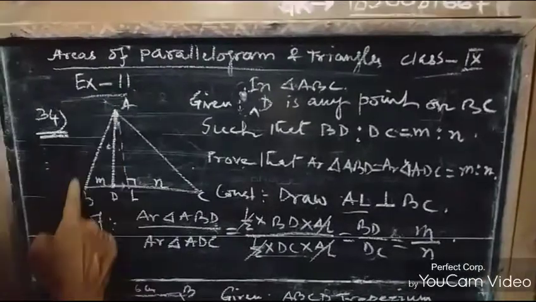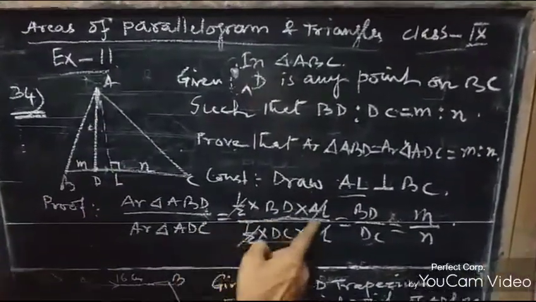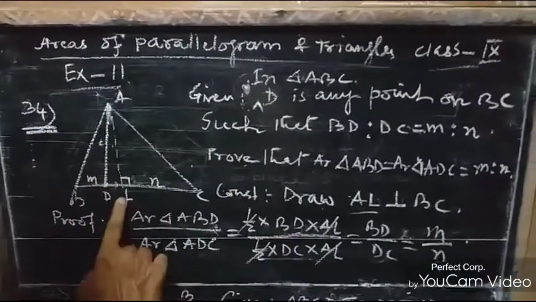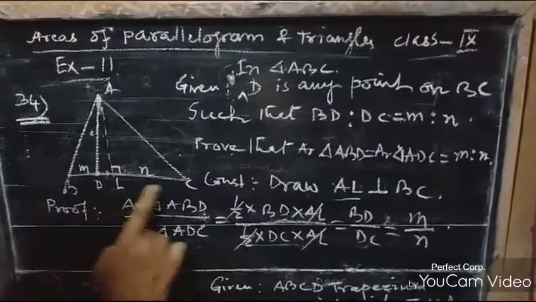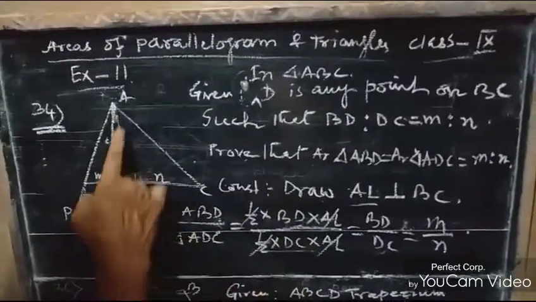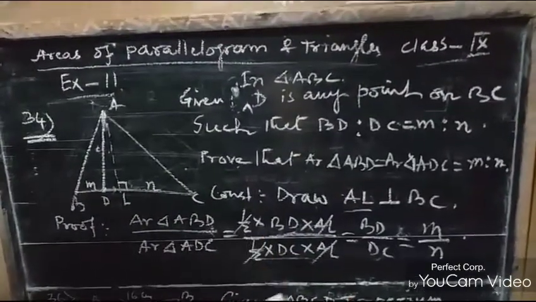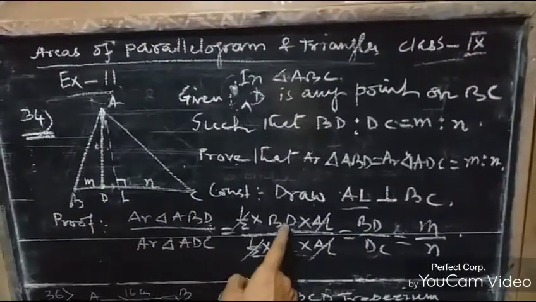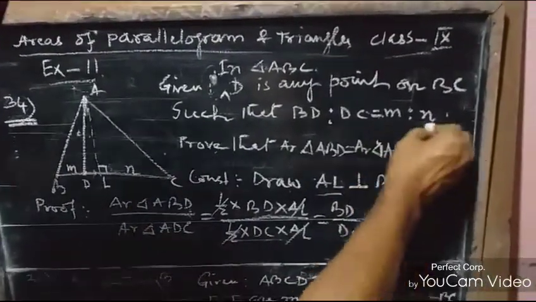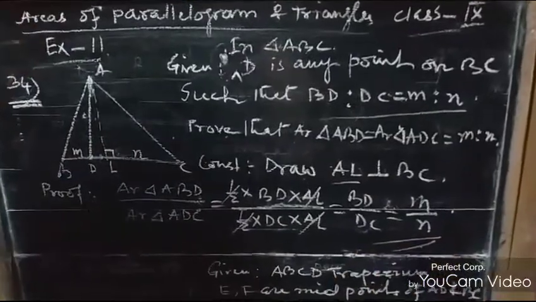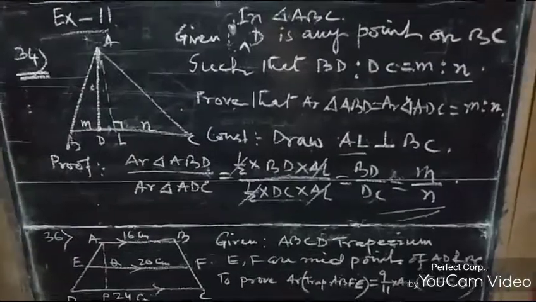So the area of ABD will be half BD into AL, half base into height, and the area of ADC will be also half DC into AL. The height is same in both of these, and half and AL are cancelled off, leaving BD by DC, which is actually the ratio of what is given, and this is the required ratio of the areas of these two triangles.